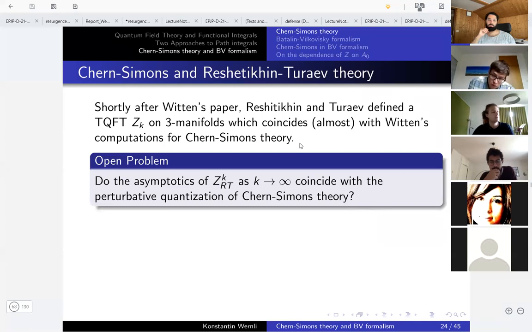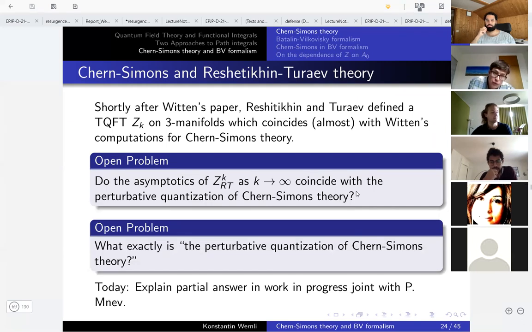But there's a problem here. I didn't write many formulas, but one formula that I wrote involved the sum over critical points. How does that even work in Chern-Simons theory? So there's another open problem: what should we understand by perturbative quantization of Chern-Simons theory?